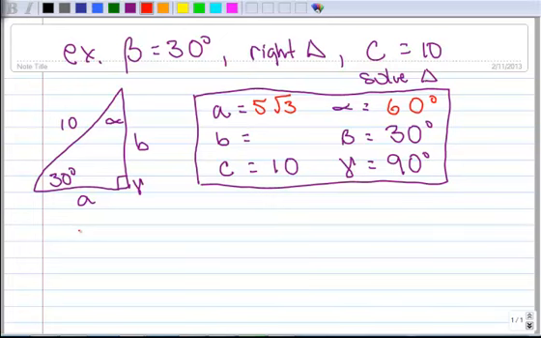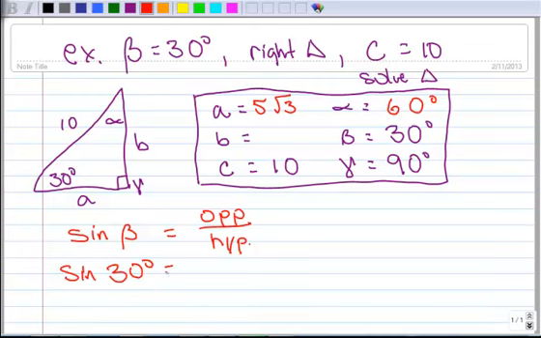So now I know that the sine of beta, and by the way, I'm using beta in all these. I could easily have used alpha. It doesn't make any difference. The sine of beta, the formula is opposite over hypotenuse. So I have the sine of beta. Beta is 30 degrees. And the opposite is unknown.